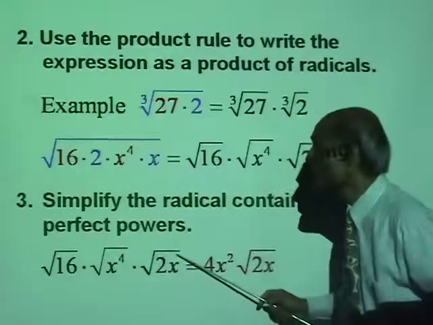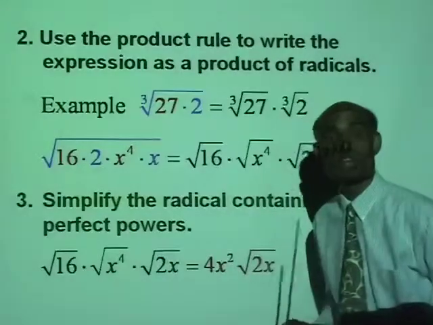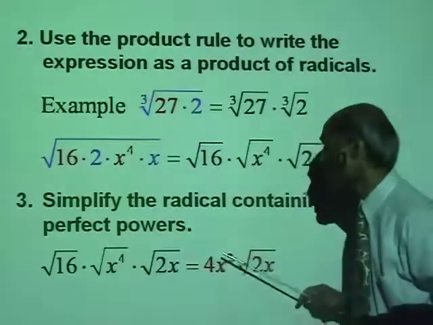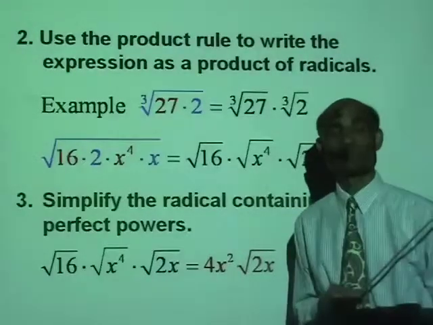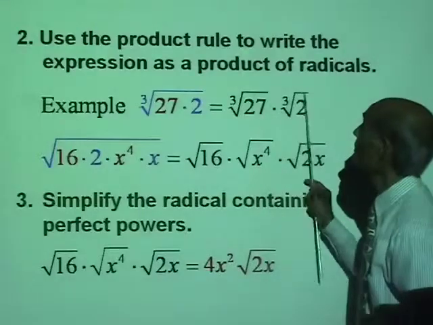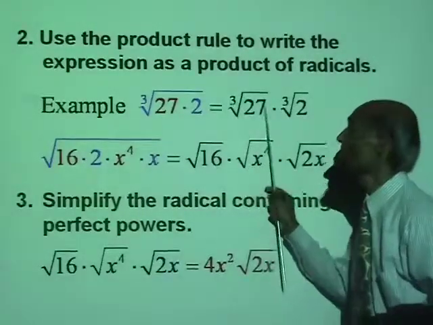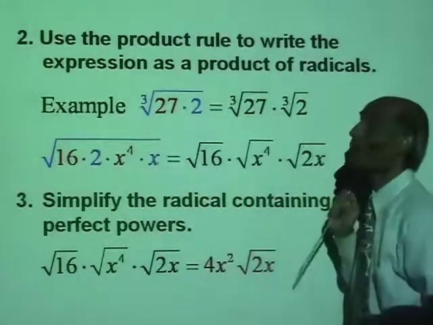And this will remain as it is. You can see the simplified result therefore is 4x squared times square root of 2x. Now what will be the simplified form of this? Cube root 27 is 3. So this will be 3 cube root of 2.